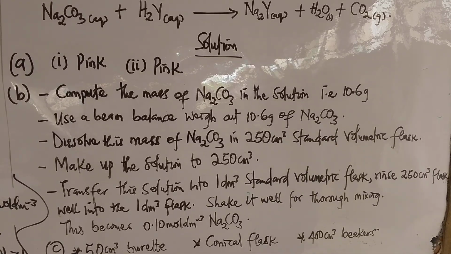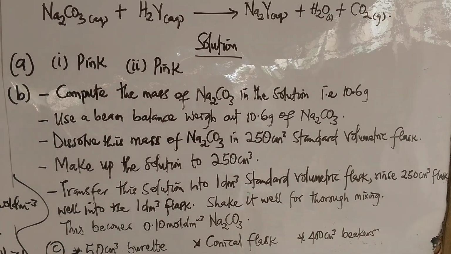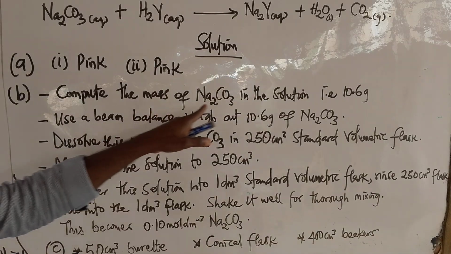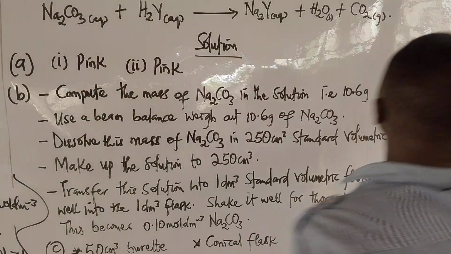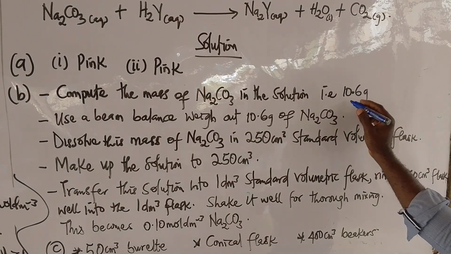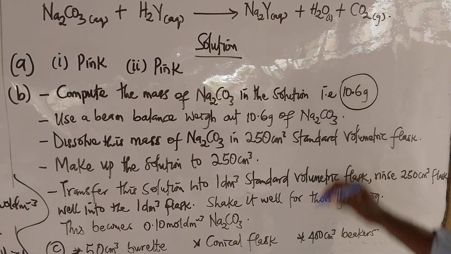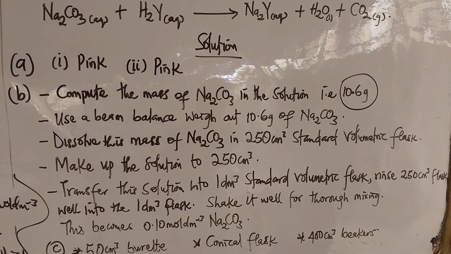You have to compute the mass of the sodium trioxocarbonate 4 in the solution. This is the mass you are going to measure with your beam balance.